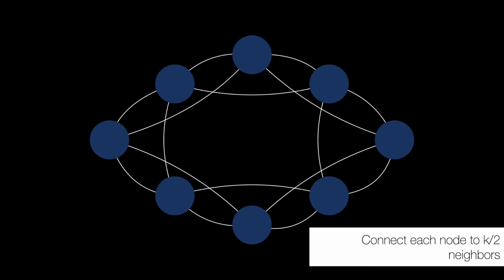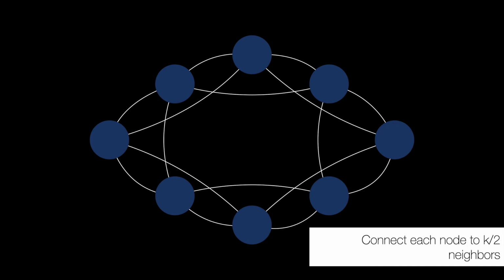Here this graph represents a 4 regular graph, where every node is connected to 4 other nodes, and we keep this ring structure where each node is connected to its 2 immediately adjacent neighbors, and the 2 neighbors adjacent to that.